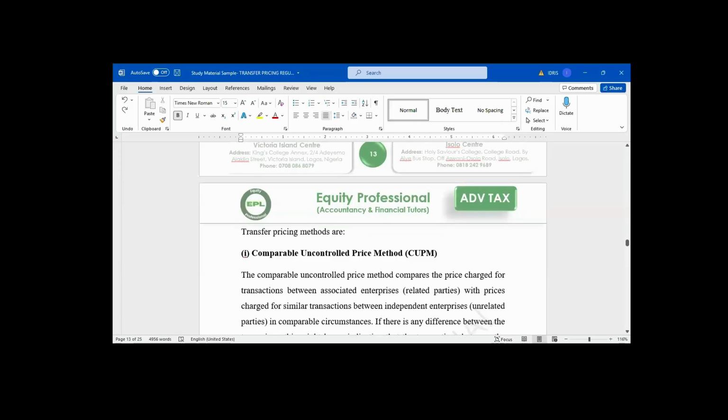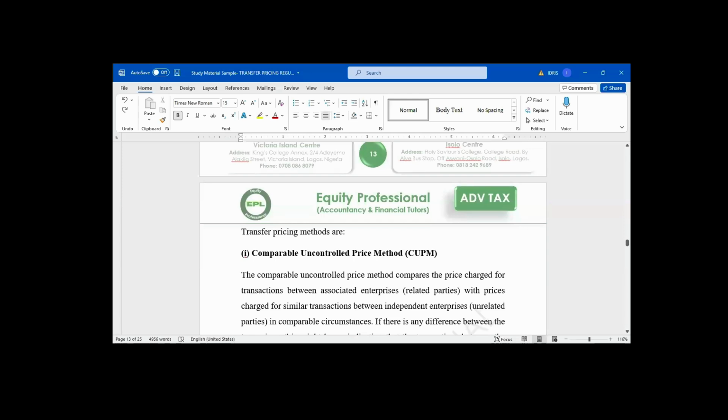The comparable uncontrolled price method is the price charged for a transaction between associate companies or between related parties, similar to the price charged for the same transaction carried out between unrelated parties in comparable circumstances.